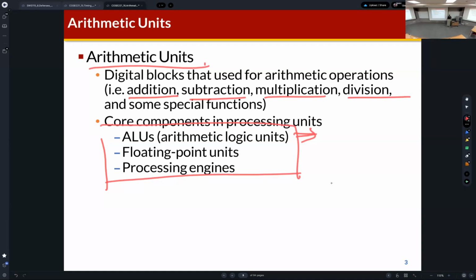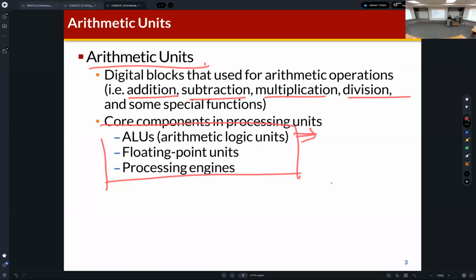Also, in this course we just learn about integer numbers, but in the computer architecture course we will also learn about floating point number systems. To handle arithmetic operations for floating point numbers, we need to build floating point units.